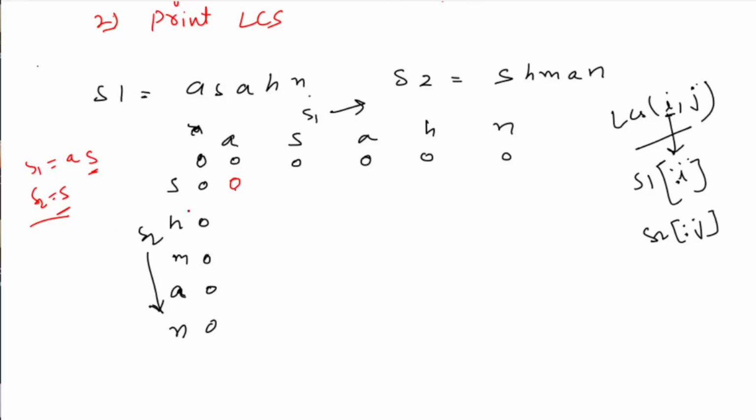Initially our longest common subsequence was an empty string, and now we have included S just now. So initially it would have been A and an empty string, so we have an empty string here and an empty string here. So we'll do 0 plus 1, that is 1, since both S are equal. Now we'll move forward.